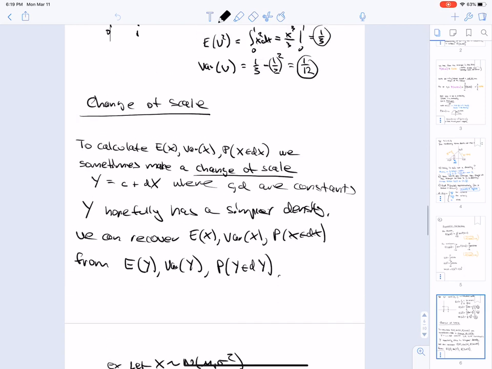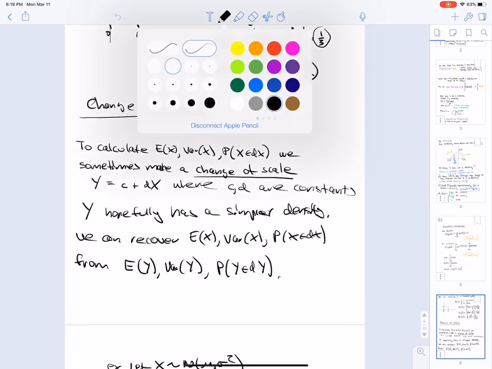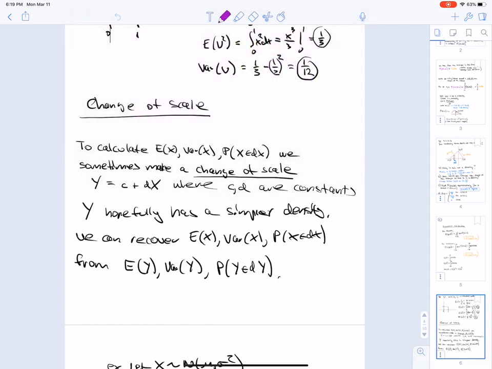To see that, just notice that, let's see here, so let's do variance. So the variance of y, for example, is the variance of c plus dx, and that's just, the c dies.